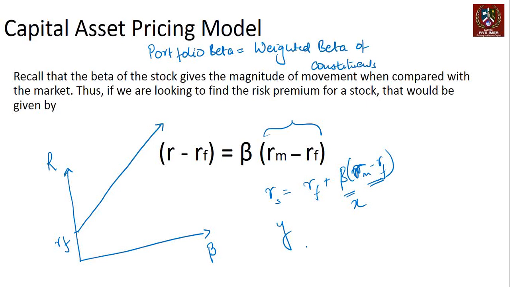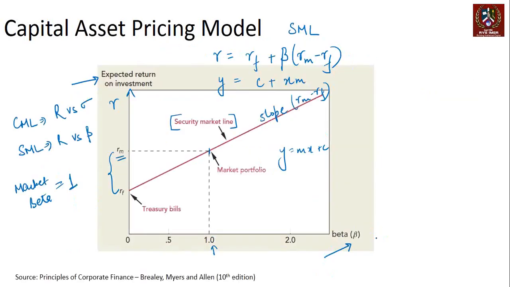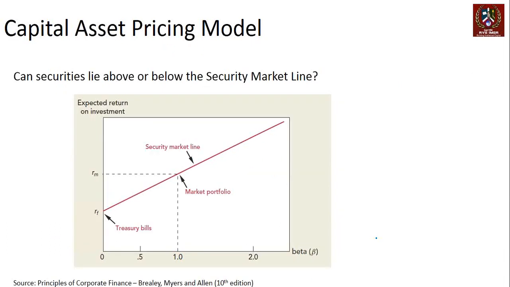So if we have 50% in a stock with a beta of 1.2 and another 50% in a stock of beta 1.6, the portfolio beta will be 50% into 1.2 plus 50% into 1.6, and that's going to be 1.4. That's a simple weighted average that you're going to look at when you're looking at these constituents.